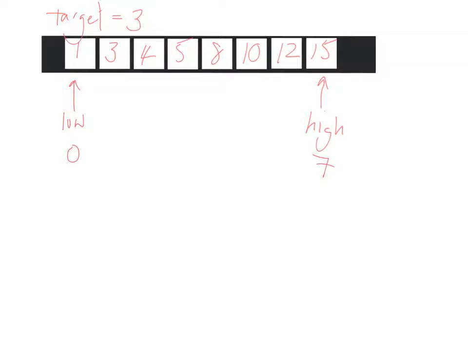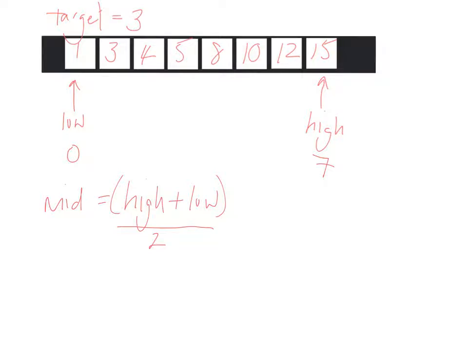Then we can calculate our midpoint. Now the midpoint is an algorithm, or a sort of calculation, where you take the highest index and you add the lowest index to it, usually, and then you divide that by 2 and you get the midpoint. So in our example, 7 plus 0 is 7.